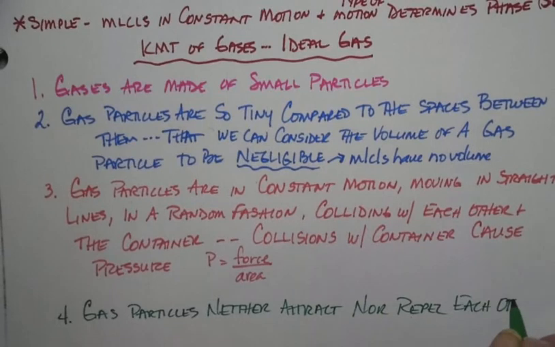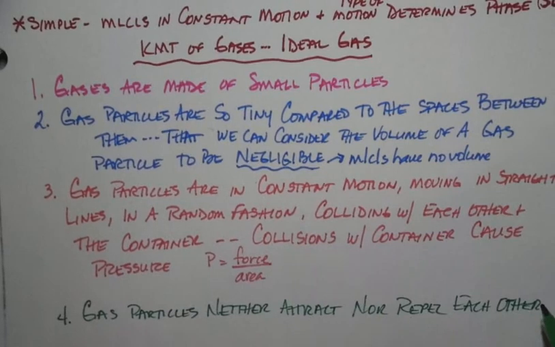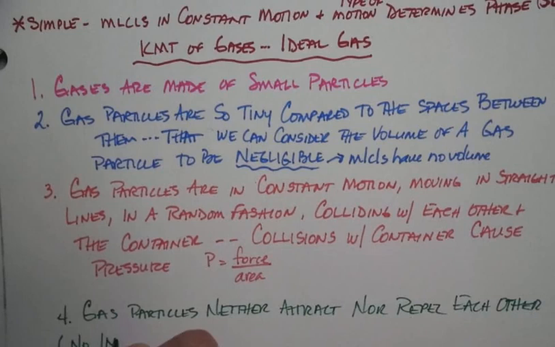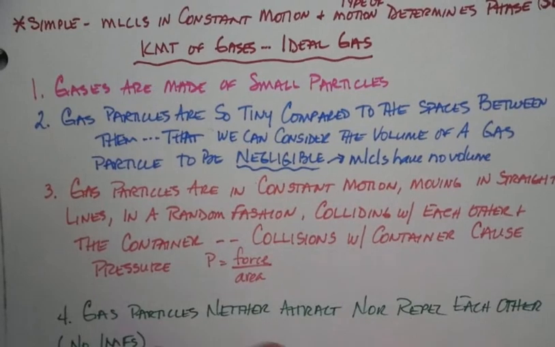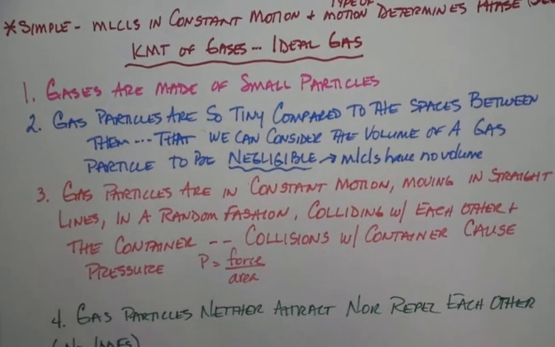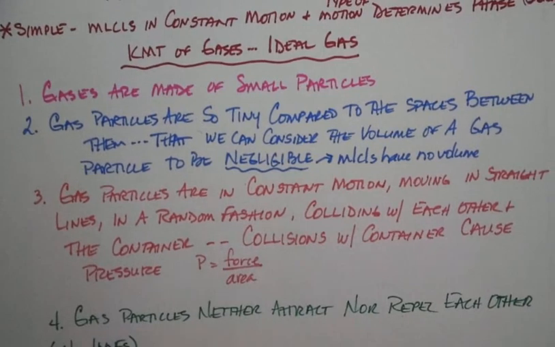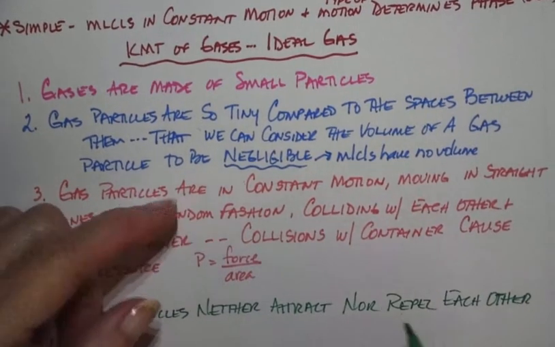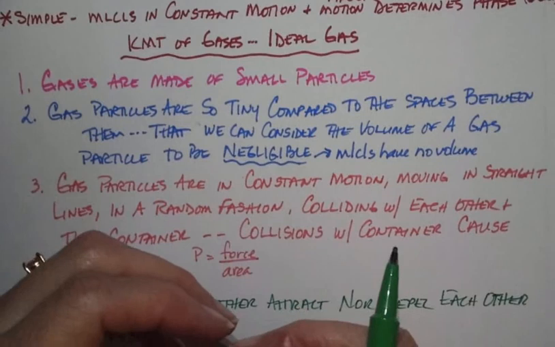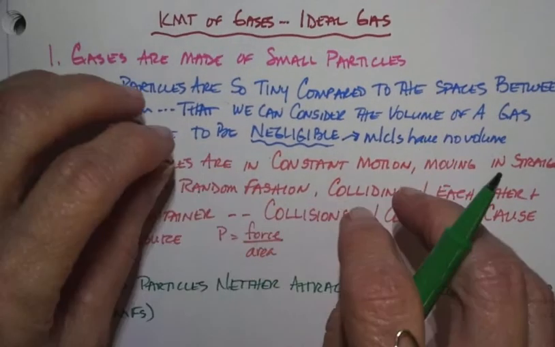What this means is there are no IMFs. Do you guys remember that word? Intermolecular forces. So there's no force. Here's one gas molecule. Here's another gas molecule. They don't attract each other. There's no force of attraction between them. They don't repel each other. There is no intermolecular force between them.